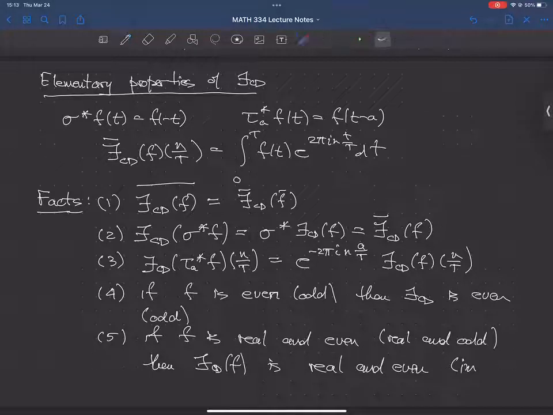Oh, right, so yes, exactly. Sorry, if f is real and odd, the transform is imaginary and odd.